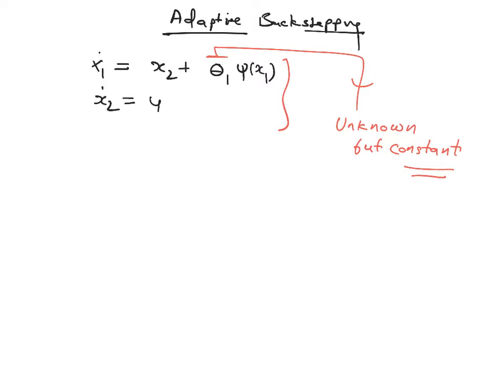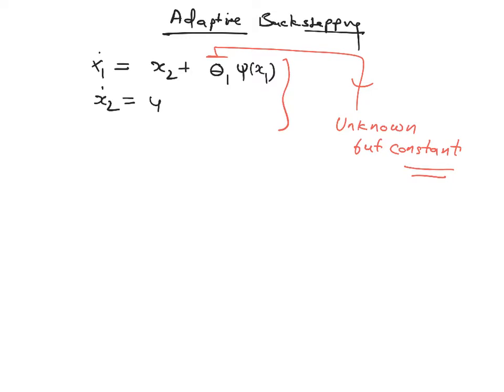You don't know what those gains are. Or the length of the rod in a pendulum: totally unknown, but constant. L dot is 0, theta dot is 0. The only thing is it's constant.